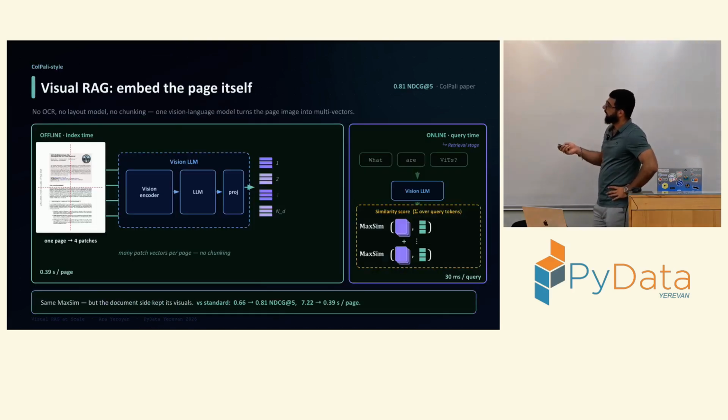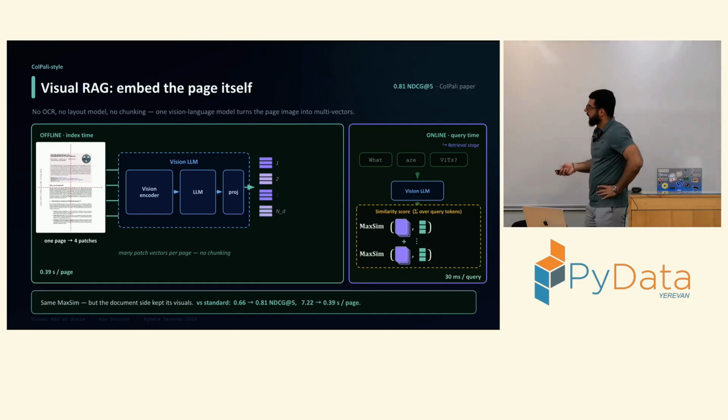Versus in this pipeline, we would have thousands of vectors, but small vectors. The dimensionality is 128. We will talk about that later. So in this approach, we are extending the number of vectors representing the same page. You might think that this is not optimal, and we'll talk about that later, but this improves the performance.